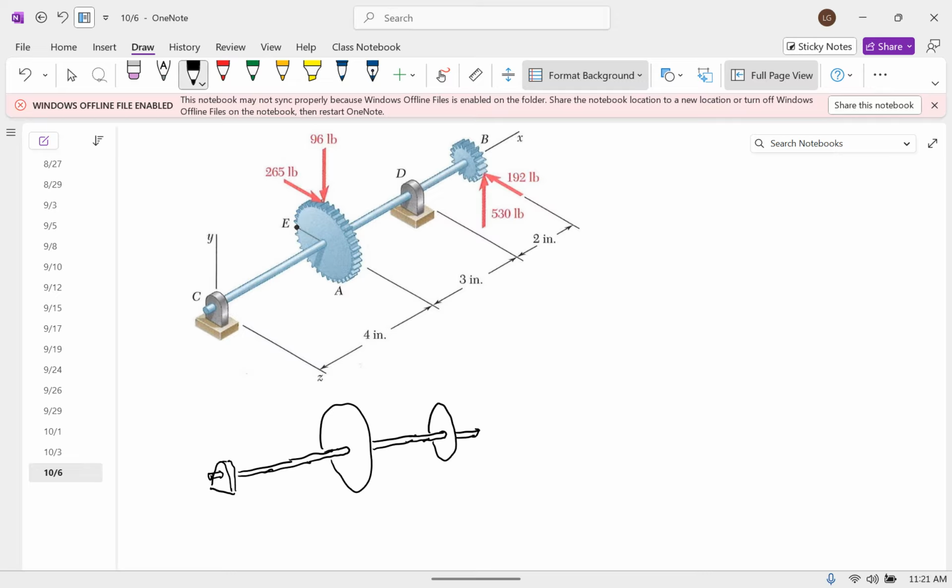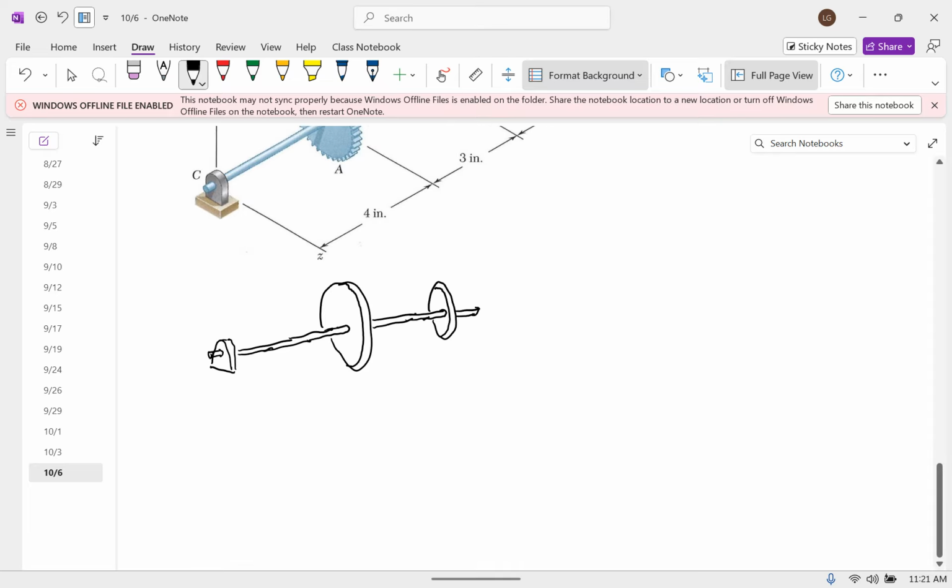Okay, that's not a great design. So in this case, that thing would apply couples that would keep this from rotating. And how would it do that? Well, it would apply a force on this side up and a force on this side down, okay?